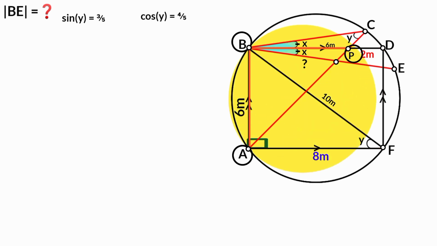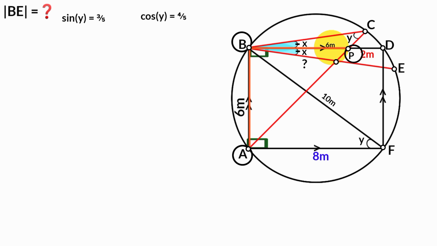Now look at this triangle ABP. We know this angle here is a right angle. That is, triangle ABP is a right angle triangle. We can see this side AB and this side BP have their length to be 6 meters each.